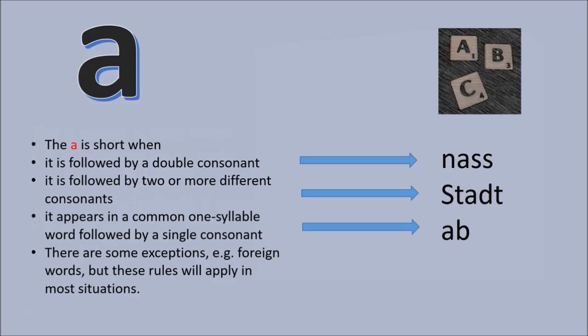Now, as with everything else that I will be covering in all these videos, there are some exceptions, especially when they are foreign words that have been taken on by the German language. But these rules will apply in most situations.